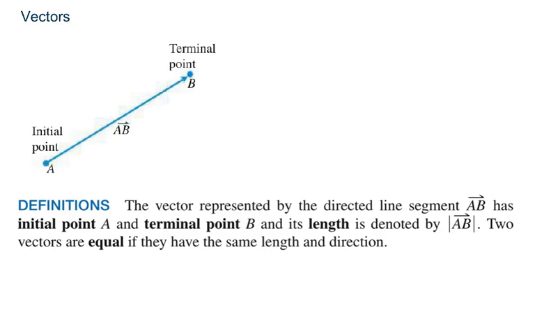And we can always say that two vectors are equal if they have the same magnitude and direction. So if you were asked to prove how two vectors were equal, you would need to show that they have both the same magnitude or length and the same direction or angle or slope.